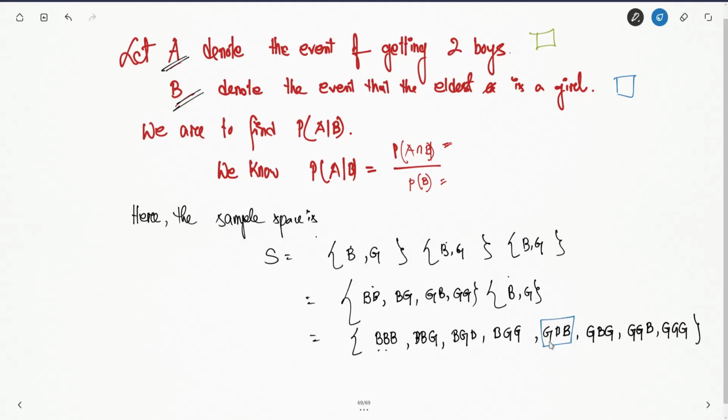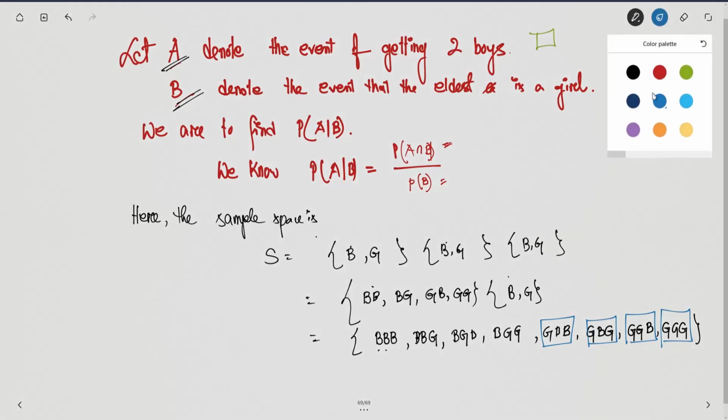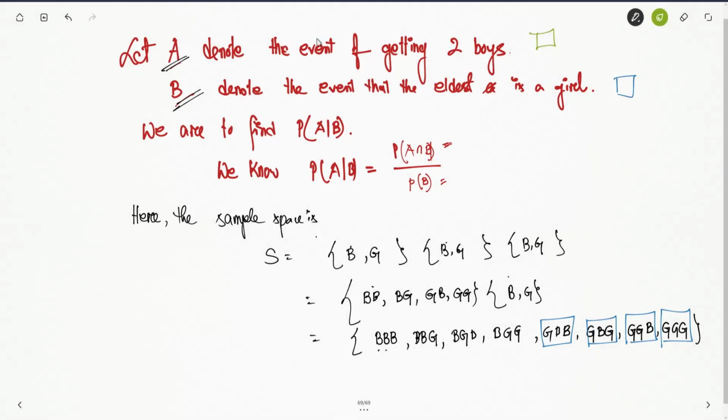This one is blue, this one is blue, this one is blue, and this one is blue. So the blue boxes represent those events that satisfy our event B, right? The eldest is a girl, right? Now I will use green to denote A, getting 2 boys, right?